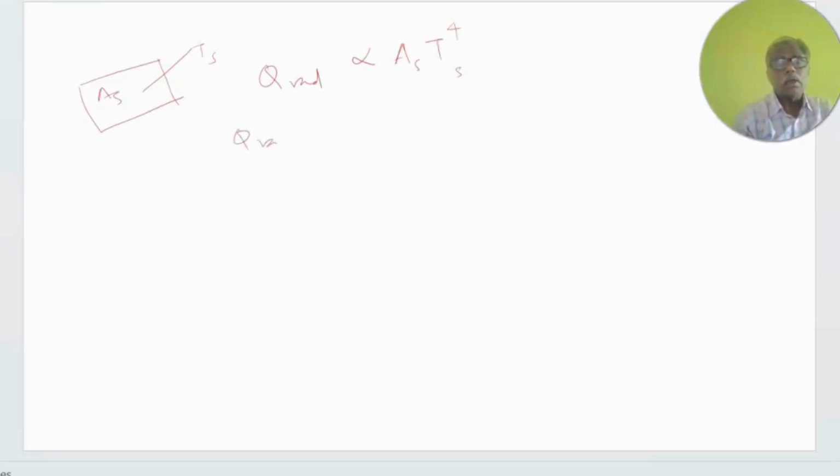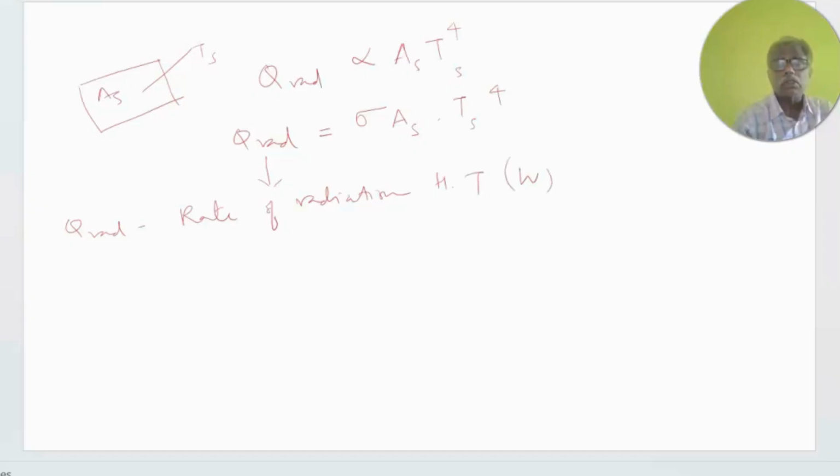The proportionality constant is called sigma: Q radiation is equal to sigma into As into Ts power 4. Q radiation is the rate of radiation heat transfer.